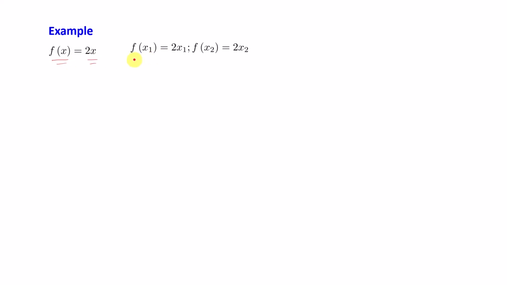For x1 it gives back twice x1, and for x2 it gives back twice x2. So f of x1 plus x2 is equal to 2x1 plus 2x2, which is 2 times x1 plus x2. You can clearly see that it is equal to f of x1, that is 2x1, plus f of x2.